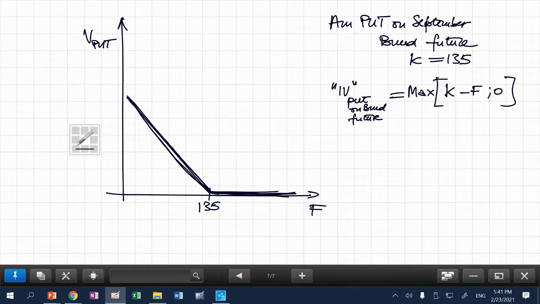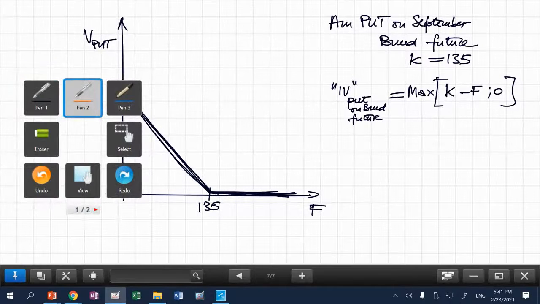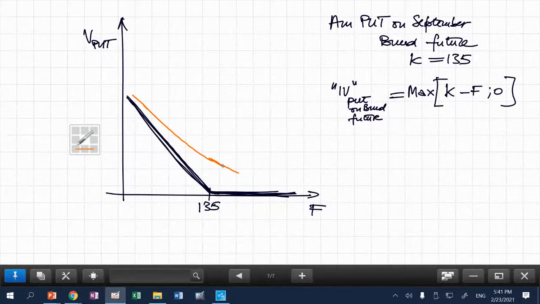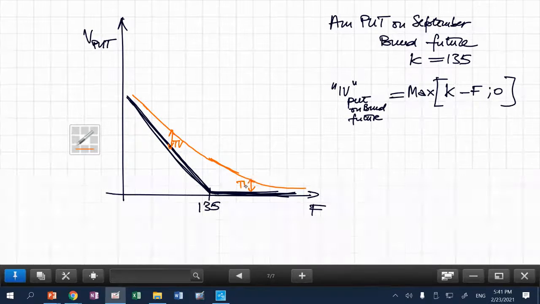Clearly, it's not F minus K, but it's inverted, because you can sell at 135 and buy at the future price, okay? If I consider the full value of the option, including time value as well, I would have a graph working in this way, where the distance between the curve and the line is again time value.